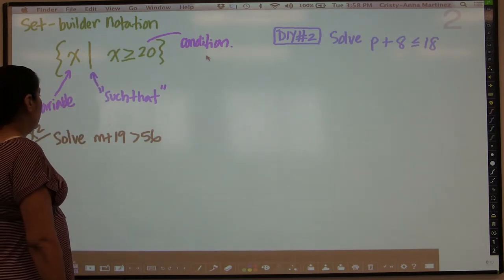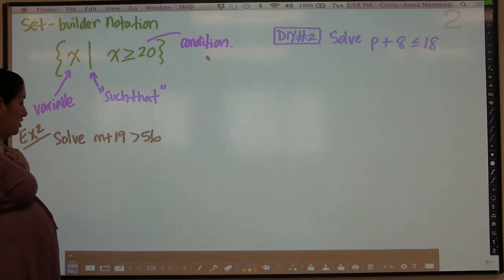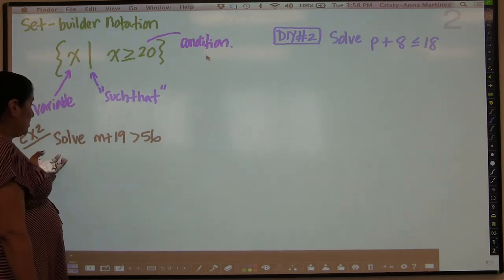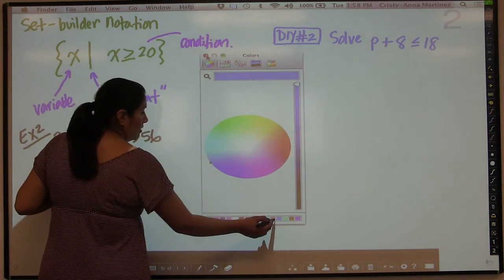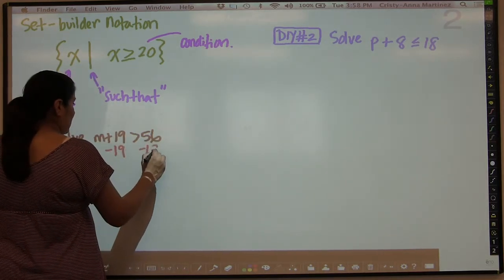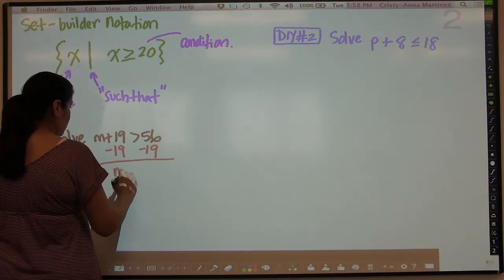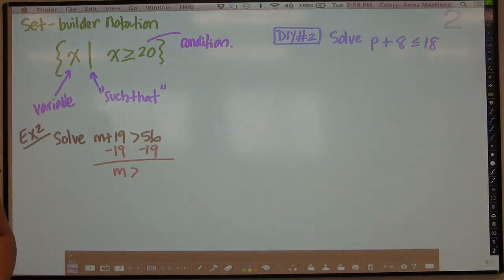So when we do example 2, we're going to want to write our answer in set builder notation. In this case, we're going to be using subtraction to solve. So we're going to subtract 19 from both sides. And 56 minus 19 is 47.